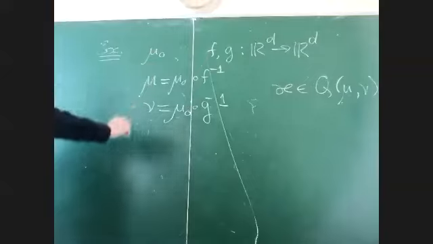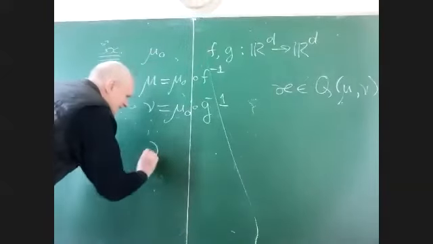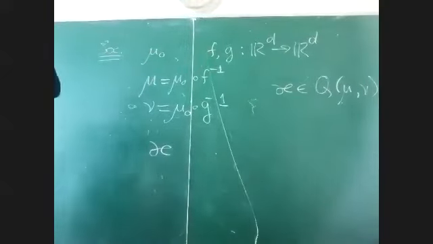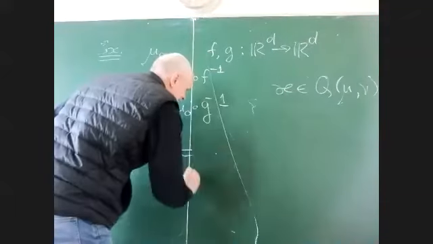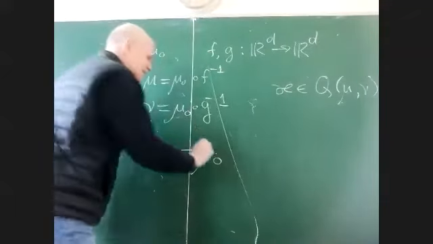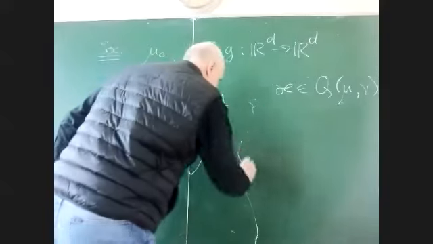So how can one define this coupling? Very easily. Let us define the coupling as the image again of the measure mu_0, but under the map (f, g).